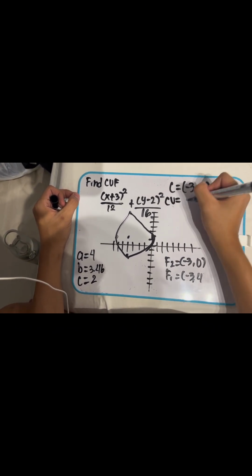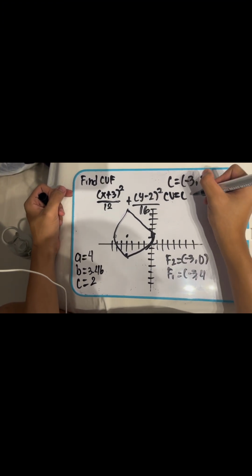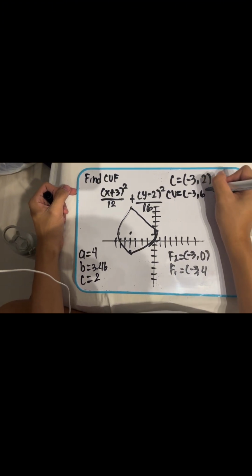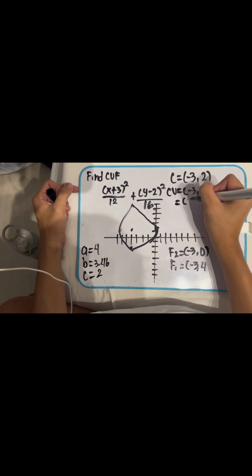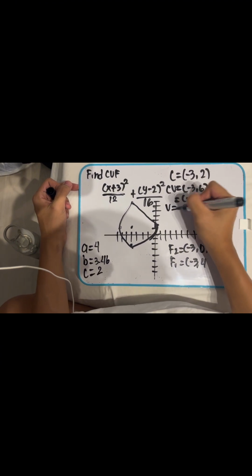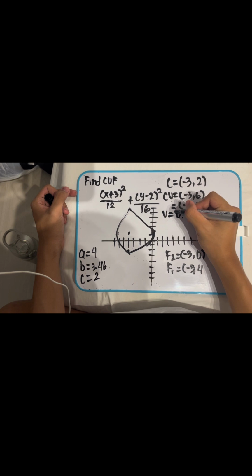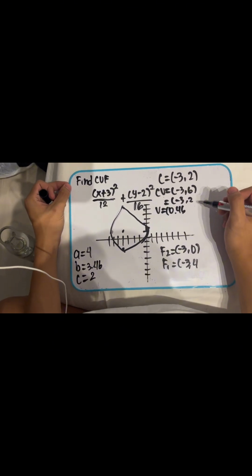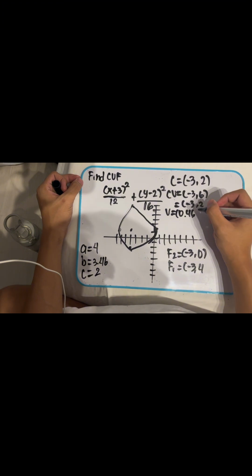Vertices are -3 and 6 and -3 and -2. Co-vertices are 0.46 and 2.